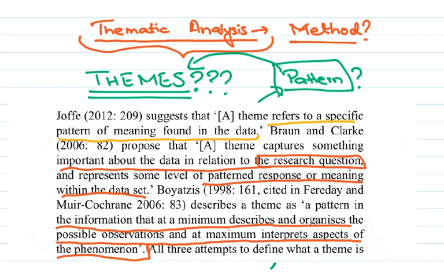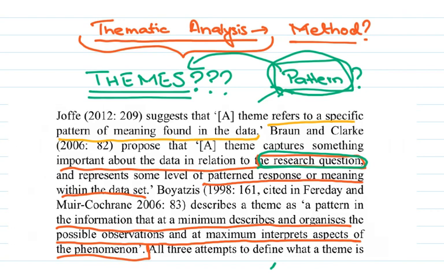So basically, whenever you get a data set, right, and you start to look at it, you might notice that there are certain patterns in the data set, right? There are certain patterns of meaning. And those patterns of meaning tell you something about your research question. Now that's another important bit of it, right? So they relate to your research question in a particular way, right?